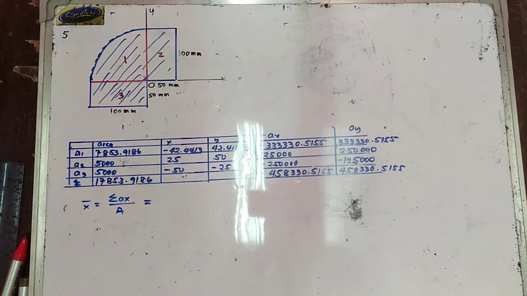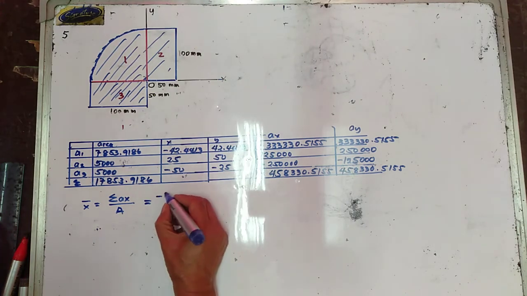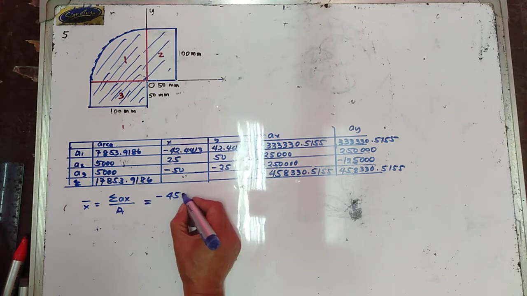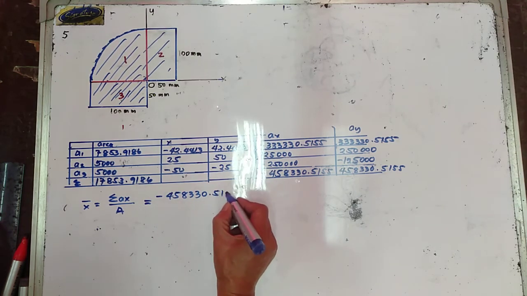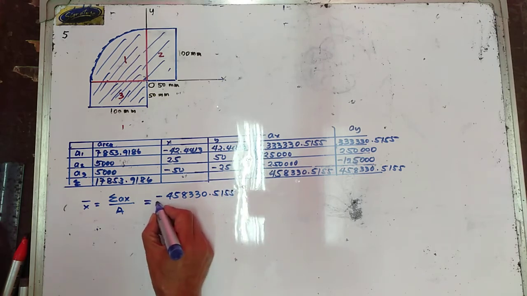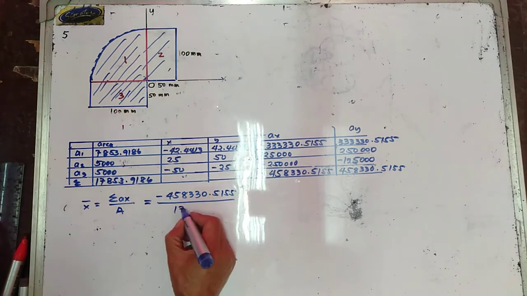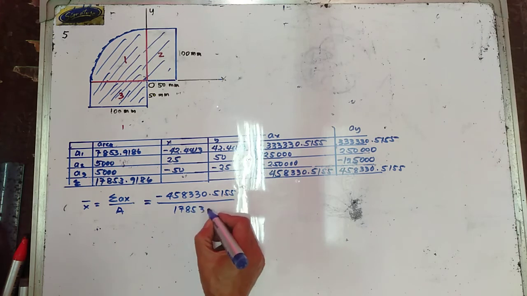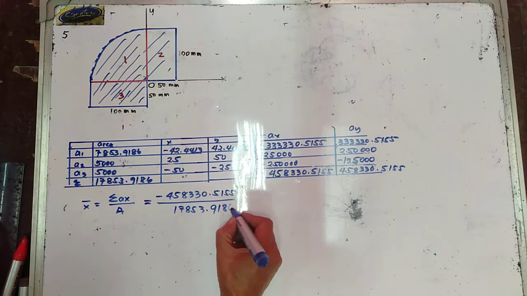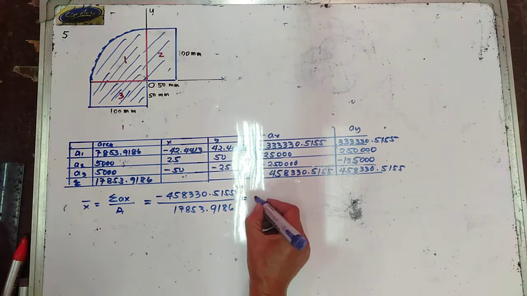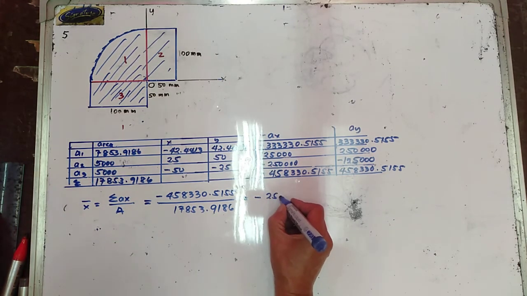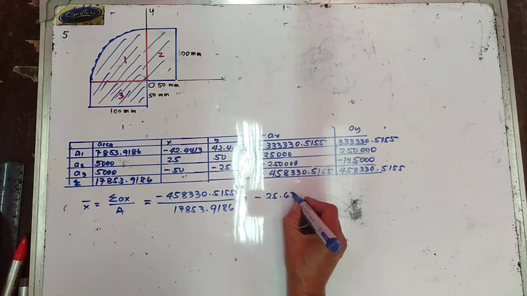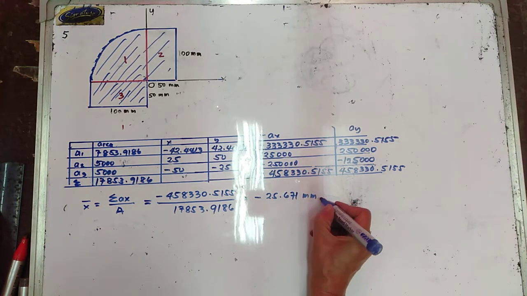And summation AX is now equal to negative 458,330.5155. Divide this one by 17,853.9186. So your bar x is negative 25.671 millimeter.